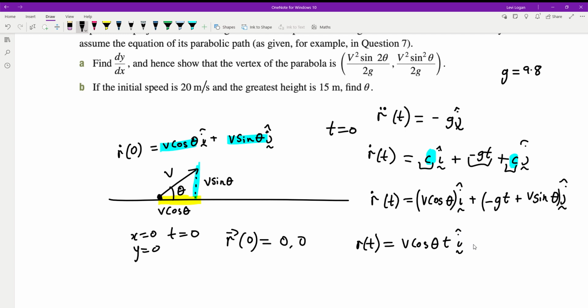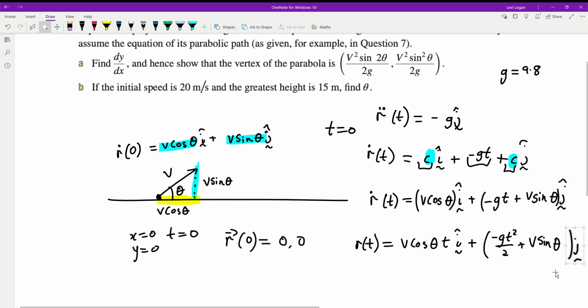You integrate the y component, so you're going to get plus negative gt squared on 2 plus v sine theta t j. Now there's a t there as well, I forgot that. You're wondering, I haven't placed any constants. Well, because I know this to be true, my c's would just be zeros. So that is my position equation.